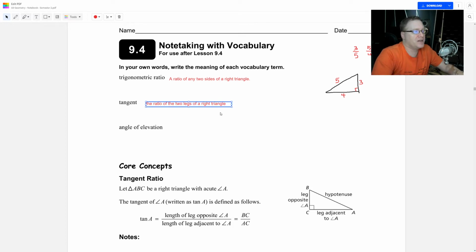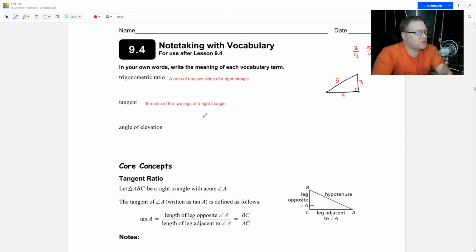So that is our definition. Okay? Make sure you know that. The two legs when we divide them. Now, for today we're going to skip angle of elevation. We'll come back to that in our lesson tomorrow. Today I want you to just focus on these two, trigonometric ratio and tangent, all right?